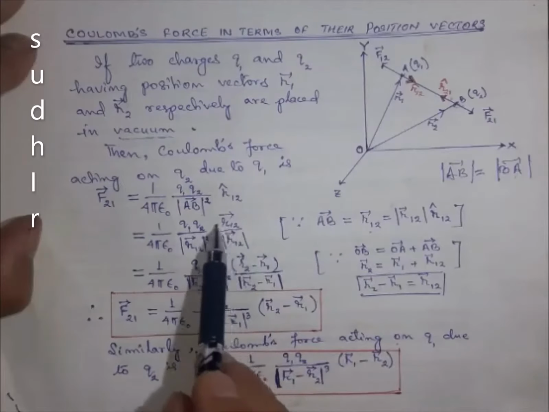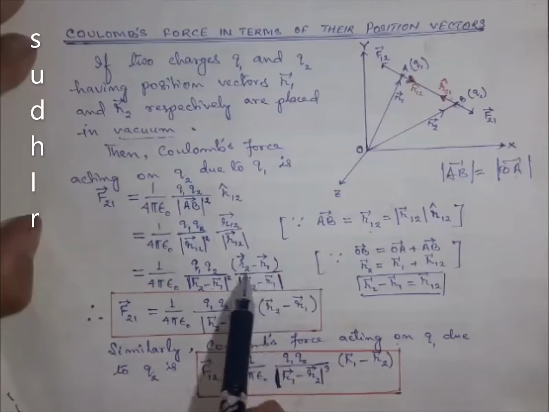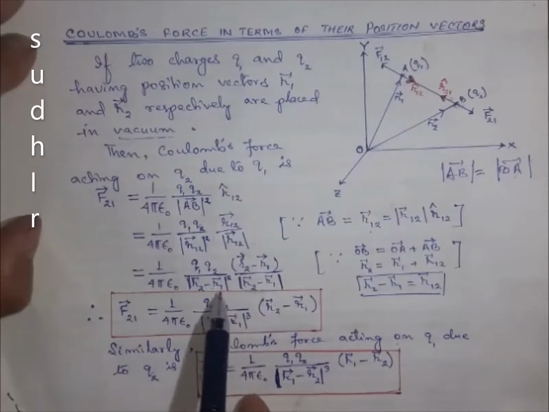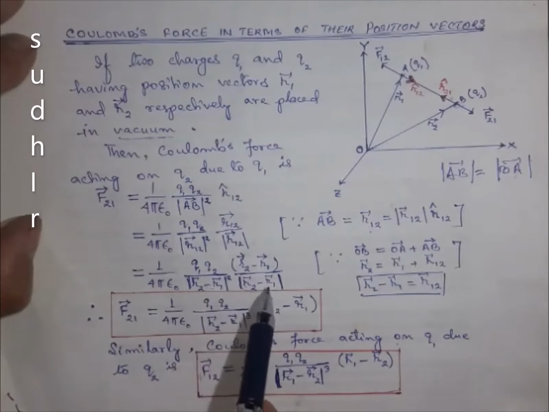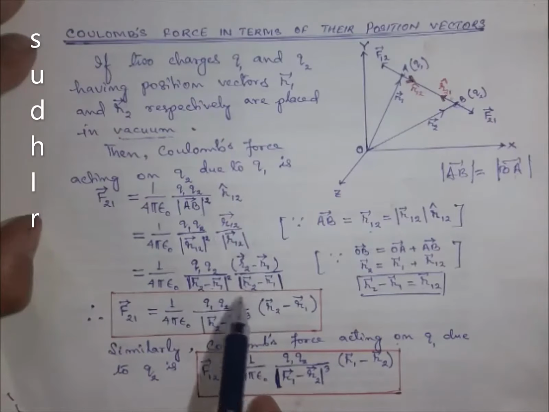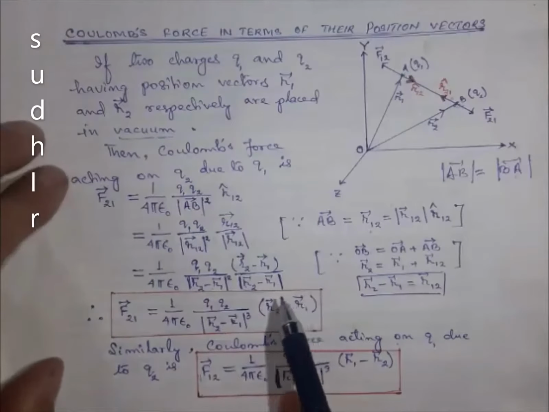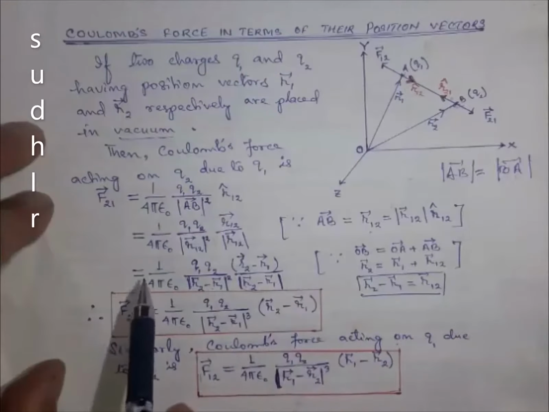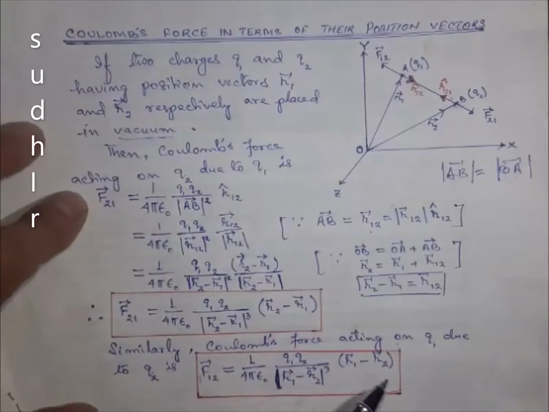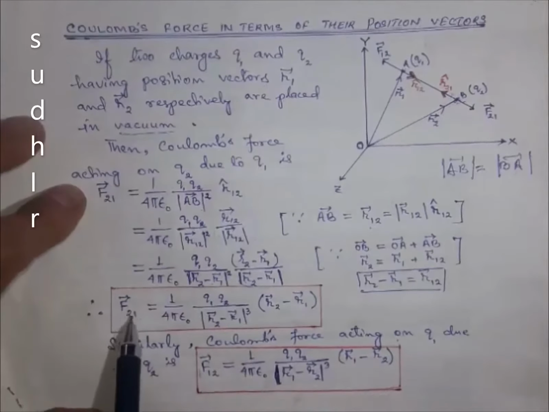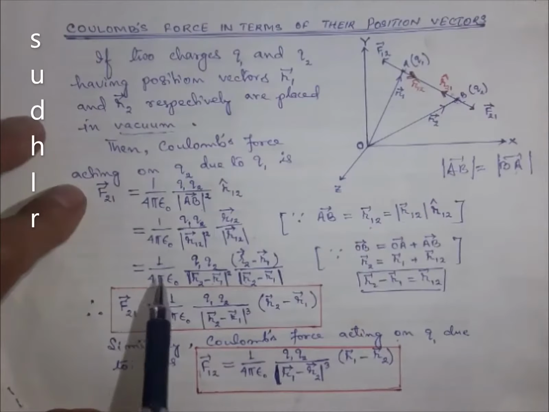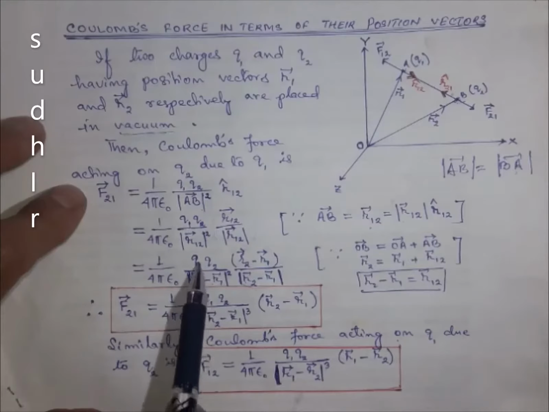There was no modulus here, no modulus here, because this is a vector. But these are not vectors. Rather, these are the magnitudes only, because of that modulus. So what happened? This F21 vector will be equal to what? 1 by 4 pi epsilon naught Q1 Q2.